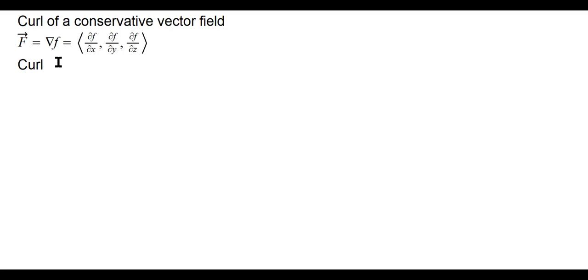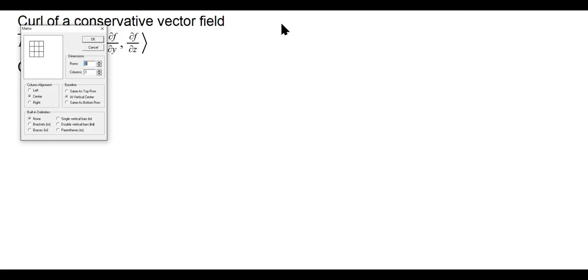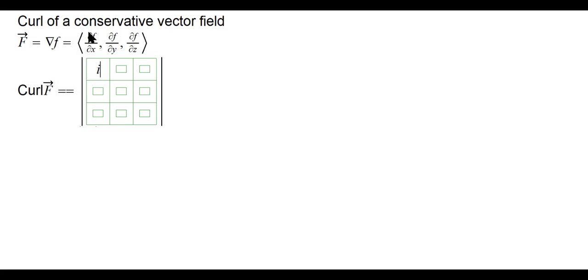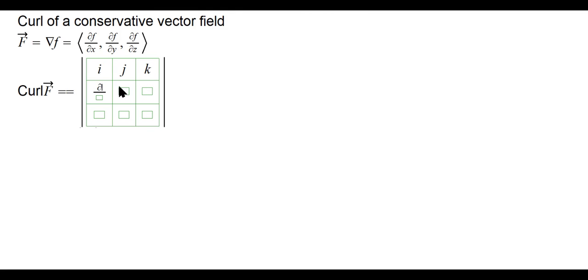So the curl of f is, we have i, j, k, then ∂/∂x, ∂/∂y, ∂/∂z. Okay, here you go. I don't know why I am rushing. I should go slow.